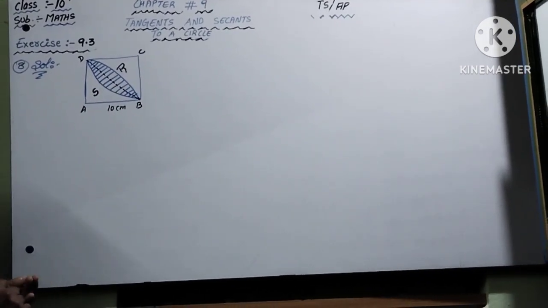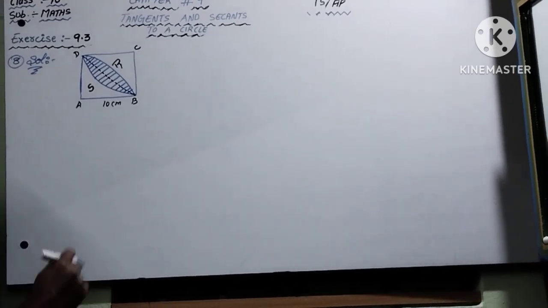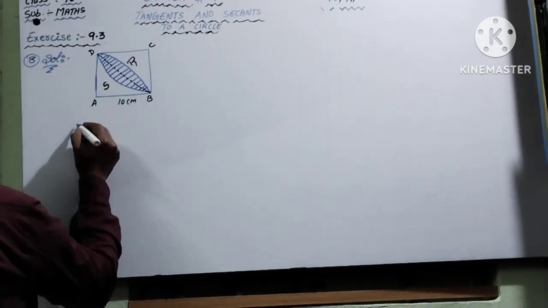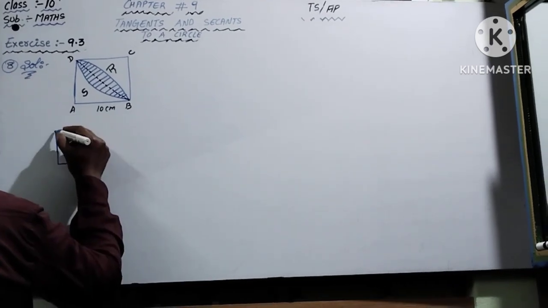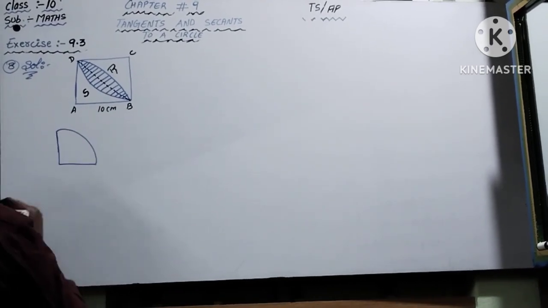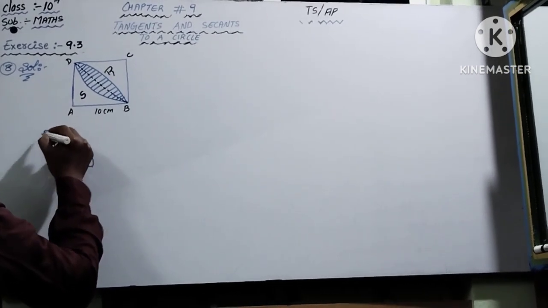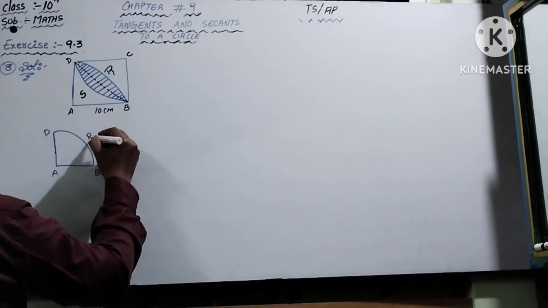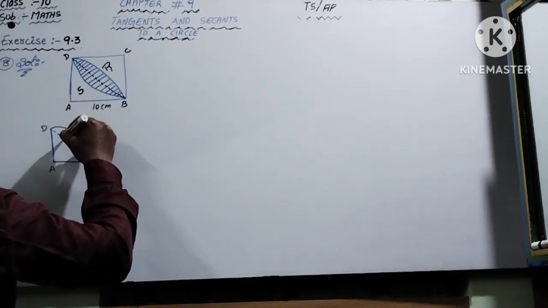Suppose you want to divide this diagram into two halves, let's see how. I will use this diagram. Here we have D, A, B, R, and one more line, the diagonal line.